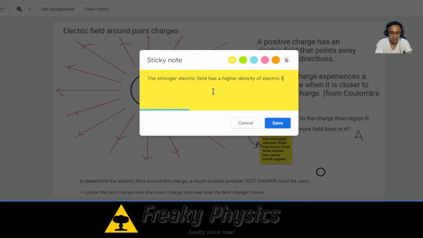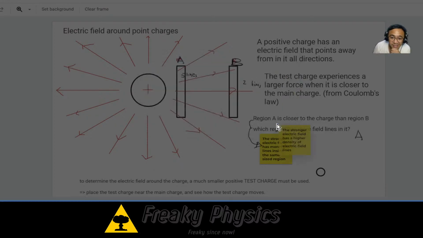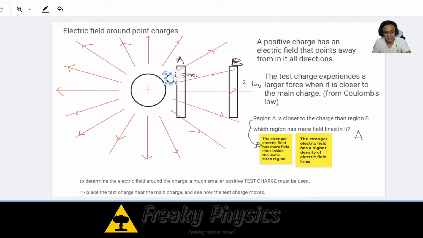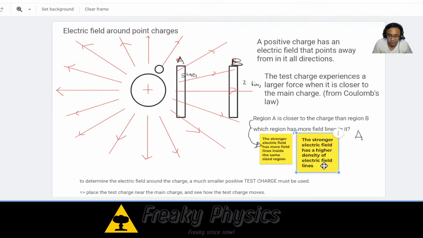Okay. Now, later on, I want you to keep this idea because this is gonna be how we will define something in magnetic fields. For magnetic fields, this similar idea will be used about field lines and having densities.